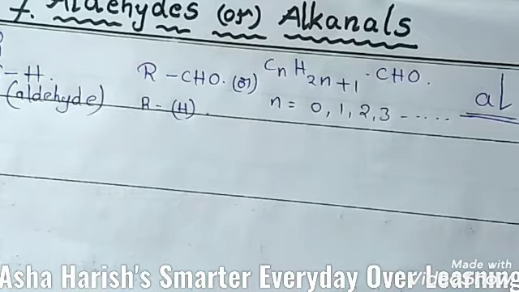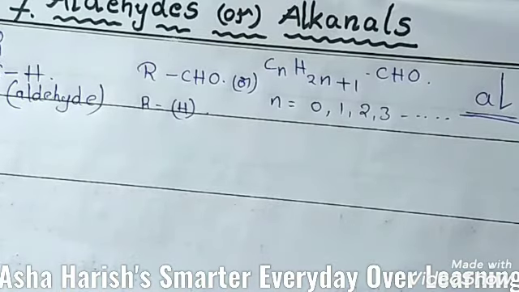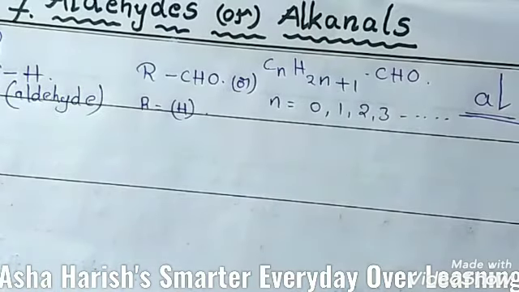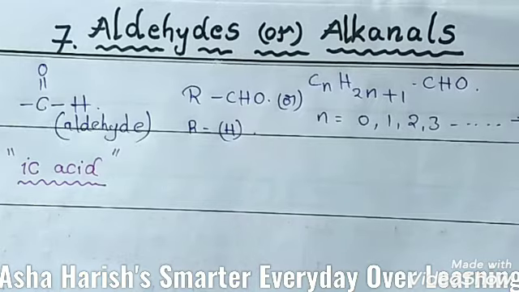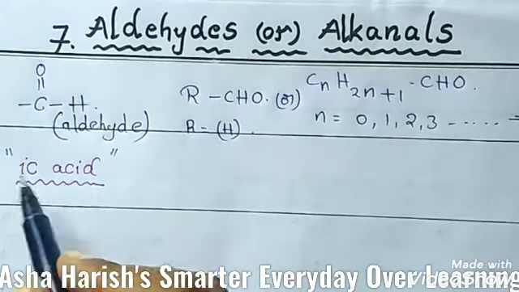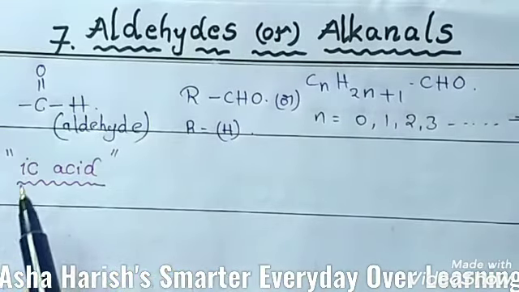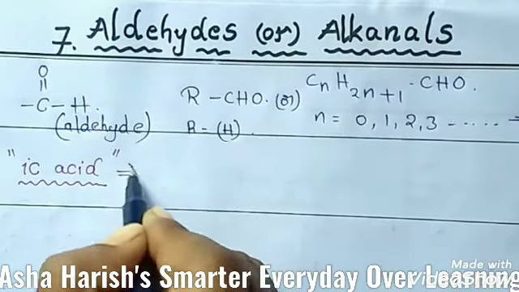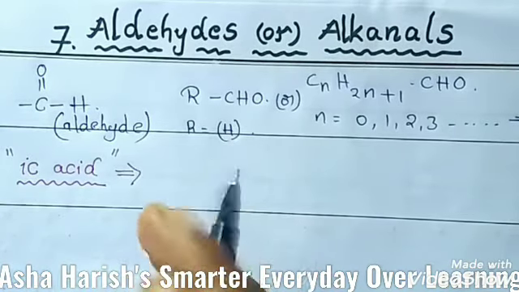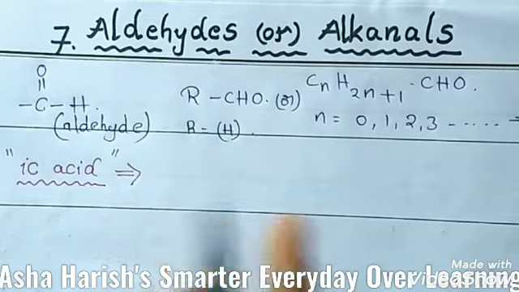Right, the common names. What are the common names for these aldehydes? You can see here. You should replace the ic acid from the common name of the corresponding acid, which they give upon oxidation, by the word aldehyde.